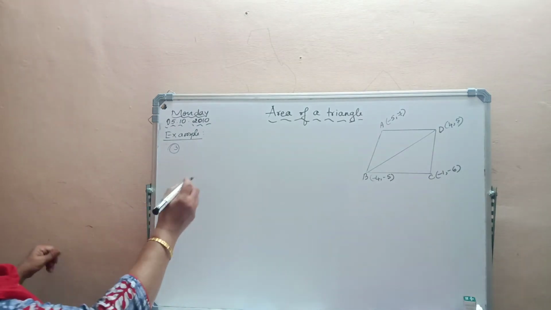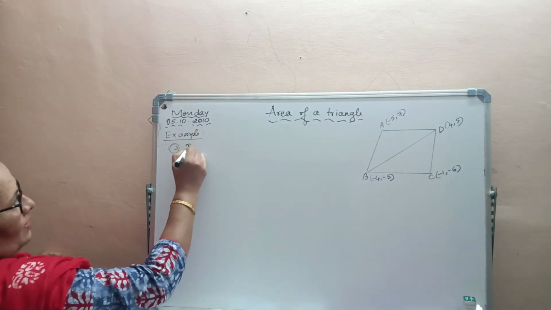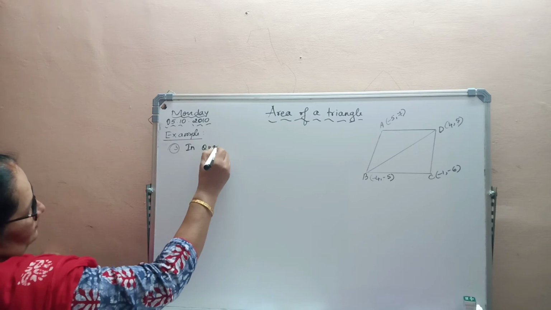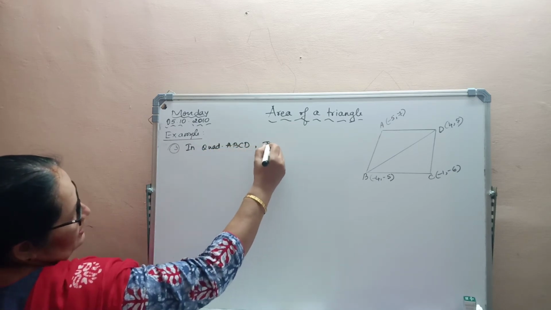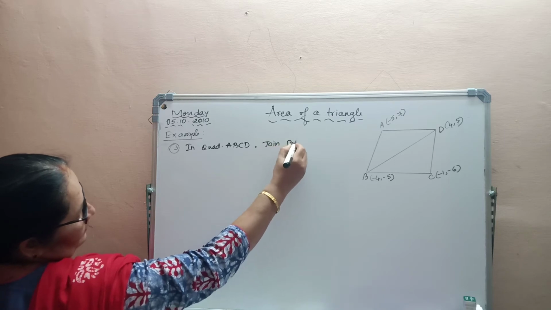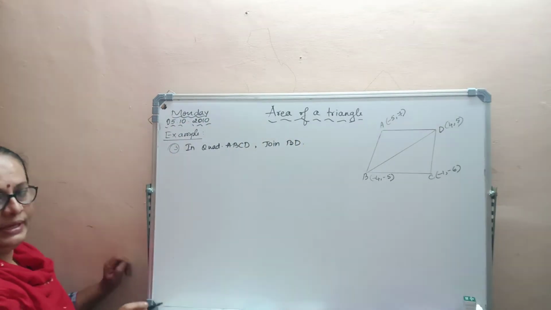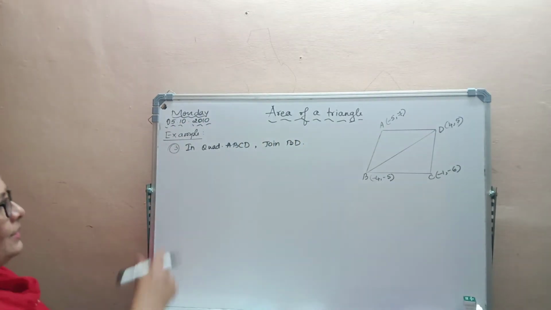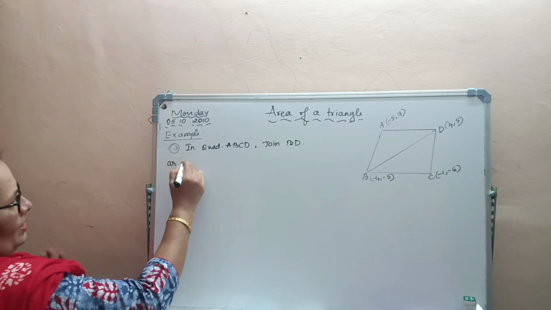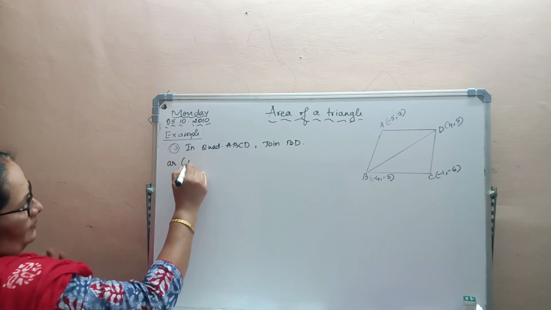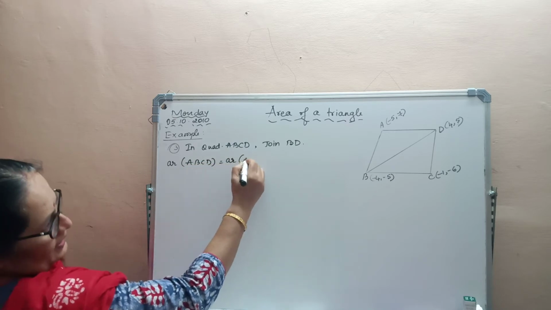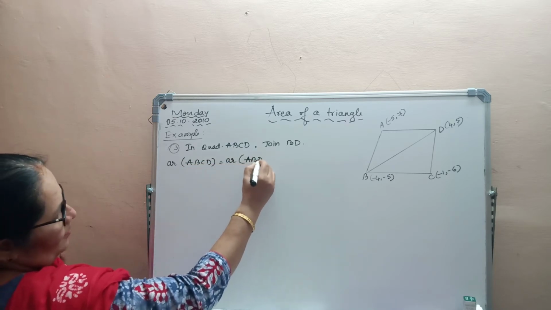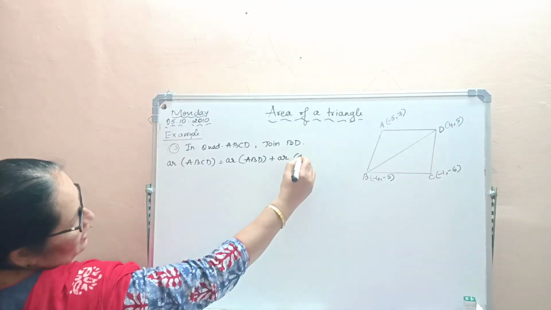Now, in quadrilateral ABCD, join BD. Then we get two triangles. So, area of quadrilateral ABCD equals area of triangle ABD plus area of triangle BCD.